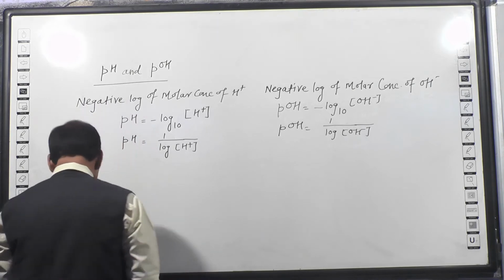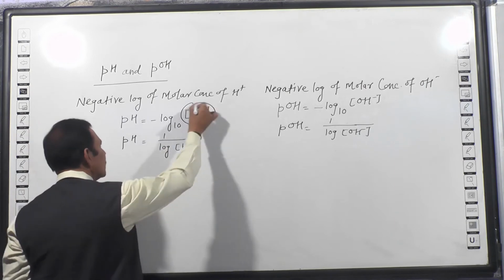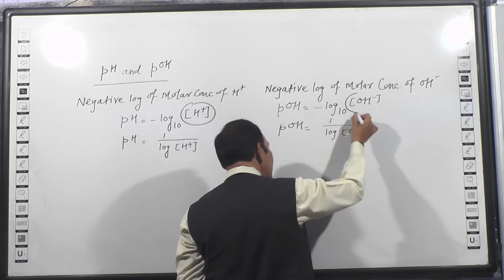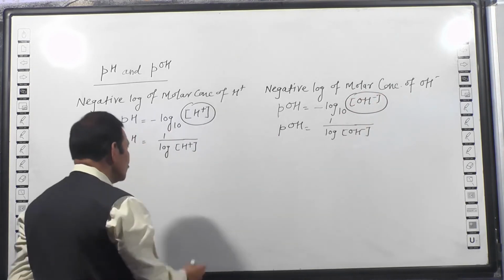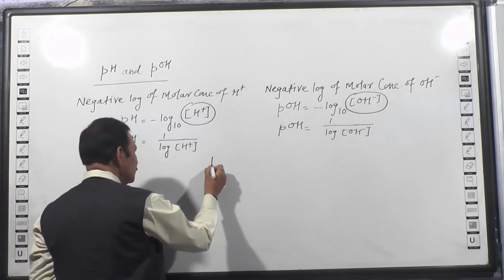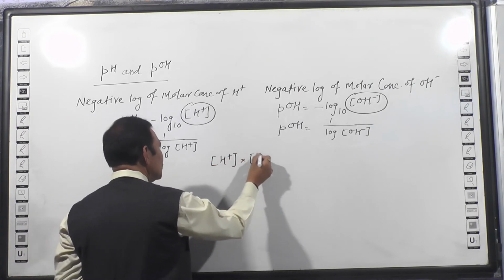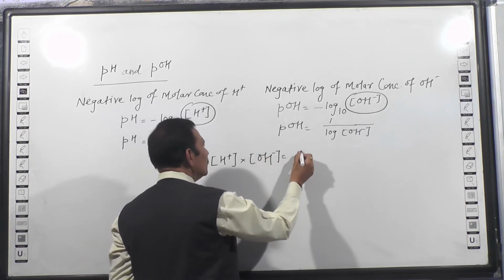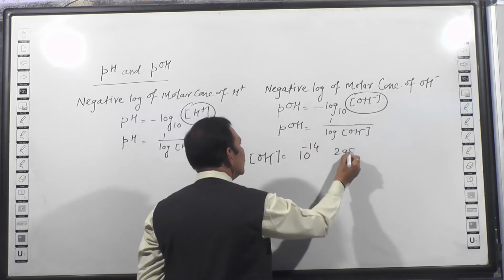Now, we have earlier seen that these two ions, H plus and OH minus, are related to one another by one equation, and that equation was concentration of H plus into concentration of OH minus is always equal to 10 to the power minus 14 at 298 Kelvin.